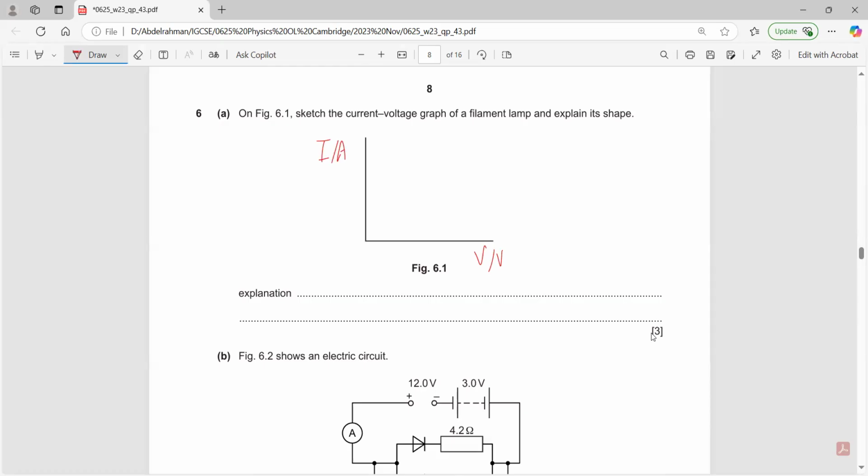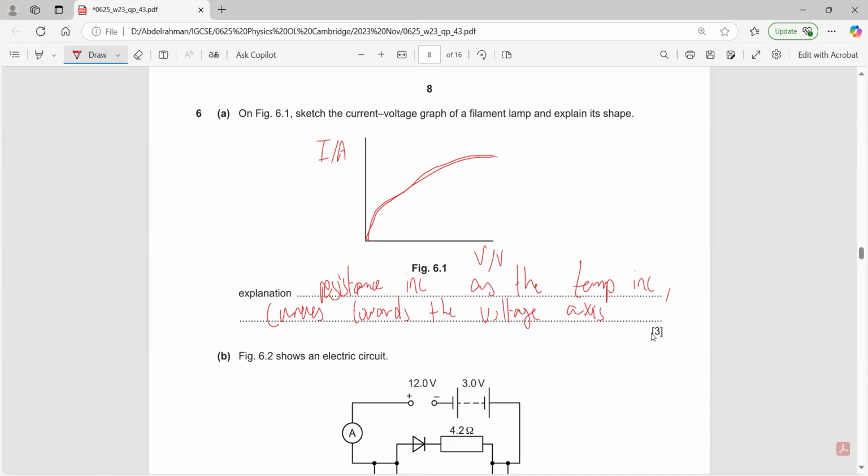The filament lamp would always curve towards the voltage axis. Why? Because the resistance increases as the temperature increases, so it curves towards the voltage axis.